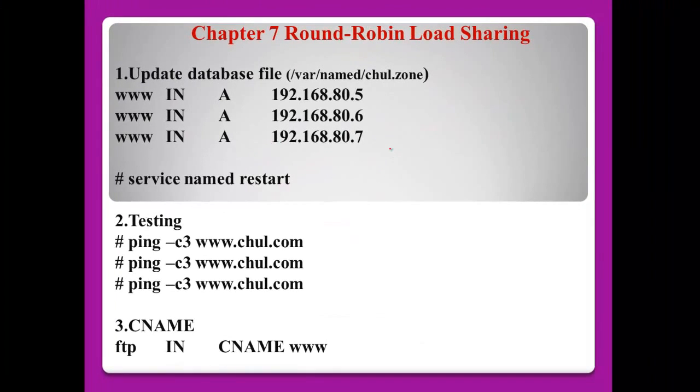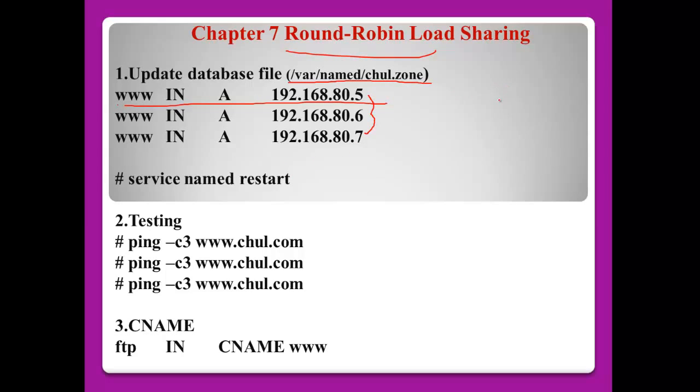And chapter 7, round robin load sharing. So normally DNS BIND supports round robin load sharing. For example, here, named charzone. So here we can create like this. If you have web servers that you want to share your load using round robin. So in this case, now I have the web server 192.168.5.6.7.3.